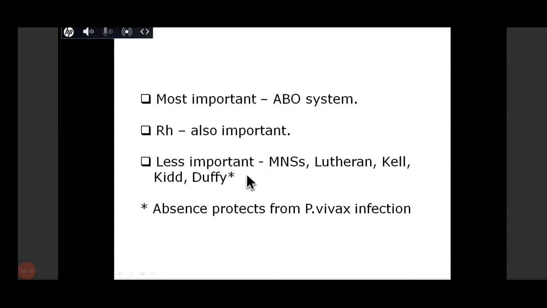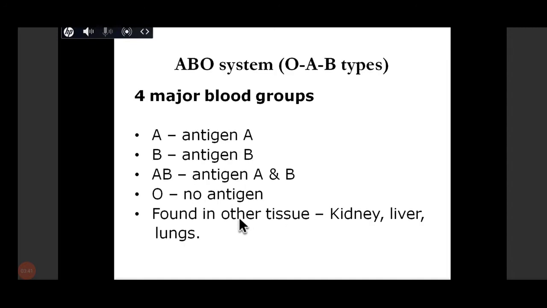These are other important systems, the minor groups like Kell, Kidd, Duffy, MNS, and Lutheran. And Duffy, I believe you must have been taught in malaria that P. vivax infection is protected against if there is absence of the Duffy group, because the P. vivax enters the red cells through this.